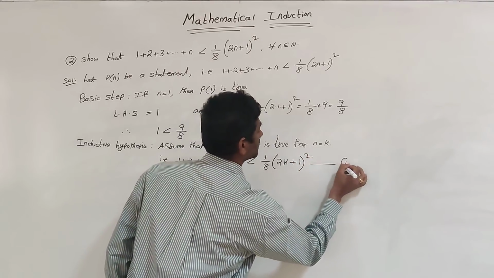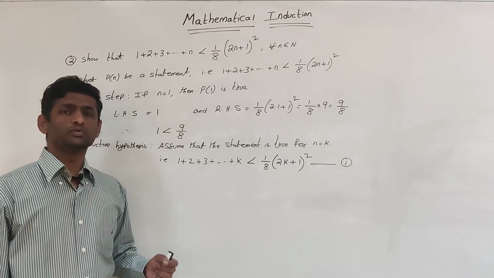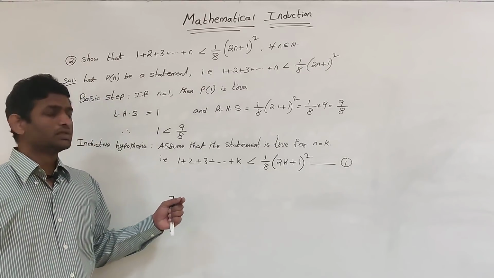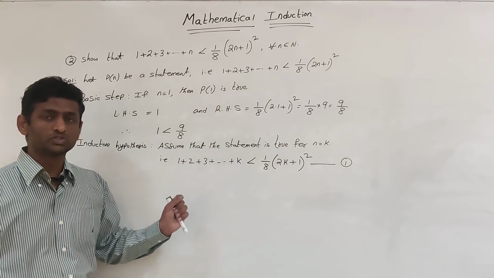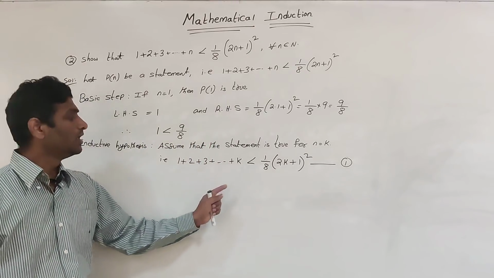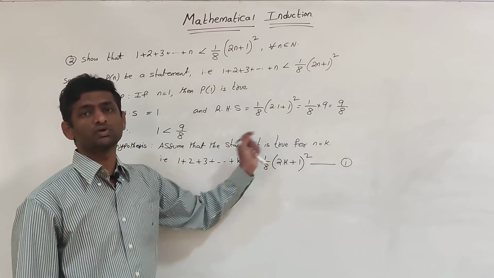That is our inductive hypothesis. So now what we have to prove is the sum of the k plus 1 terms is also less than 1 by 8 times (2 times of k plus 1) whole square.